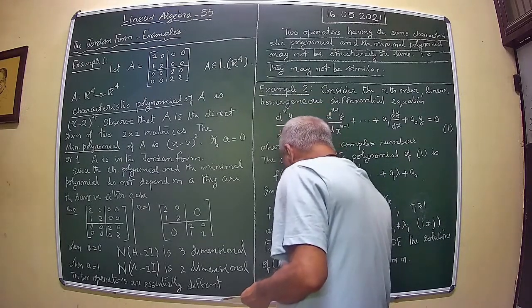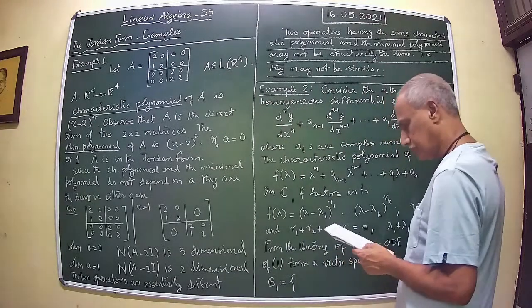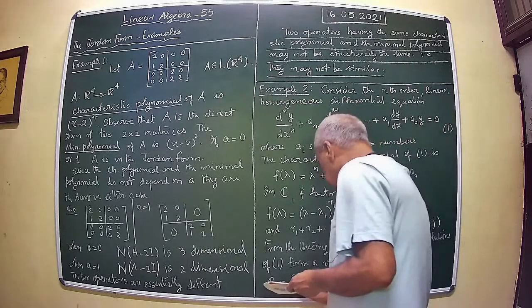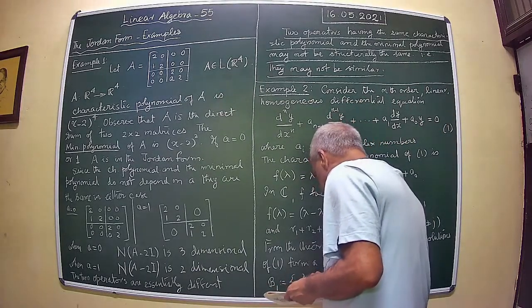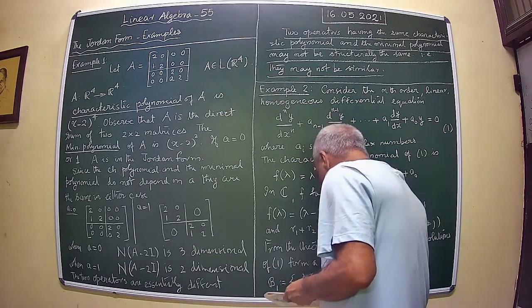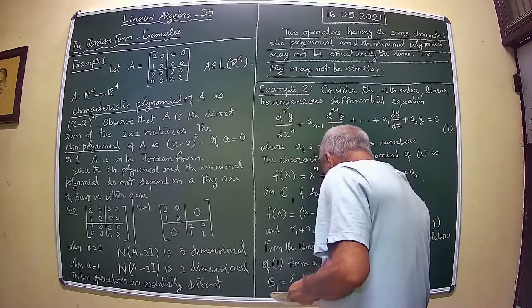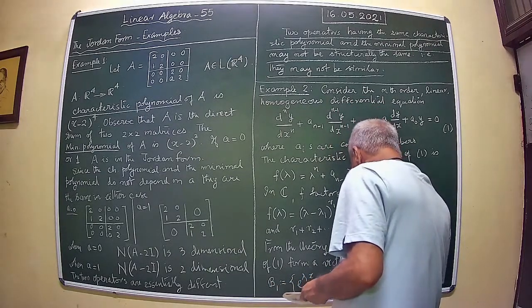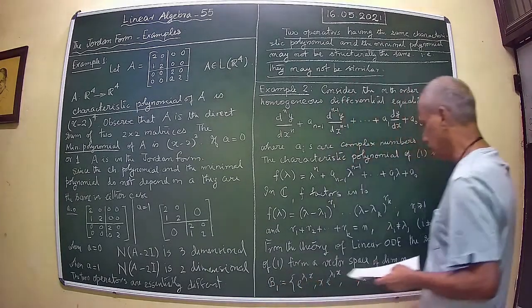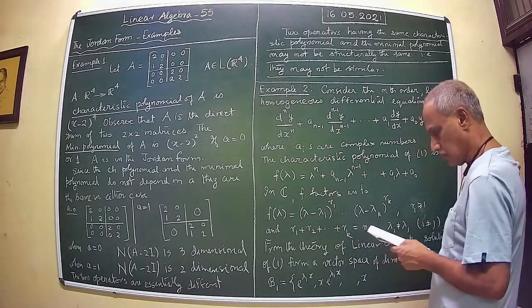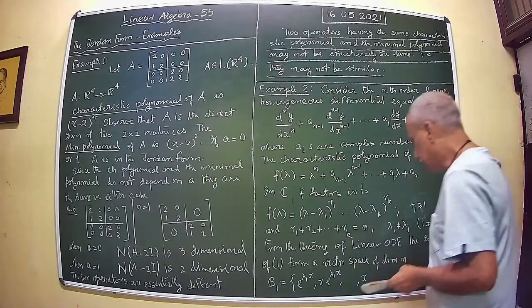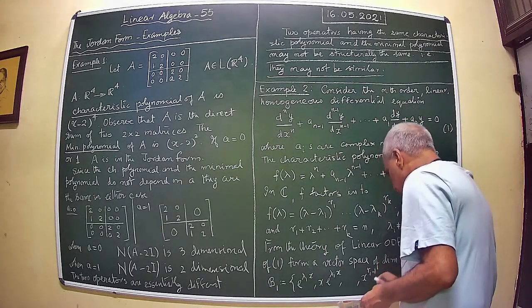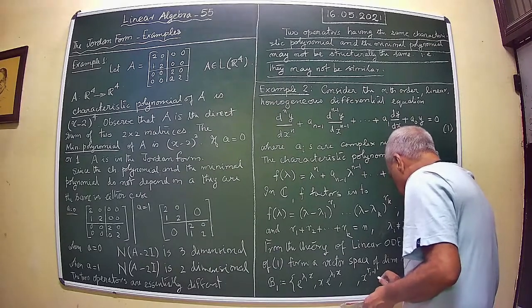I define as e to the power lambda i x, x e to the power lambda i x, up to x to the power ri minus 1 e to the power lambda i x.